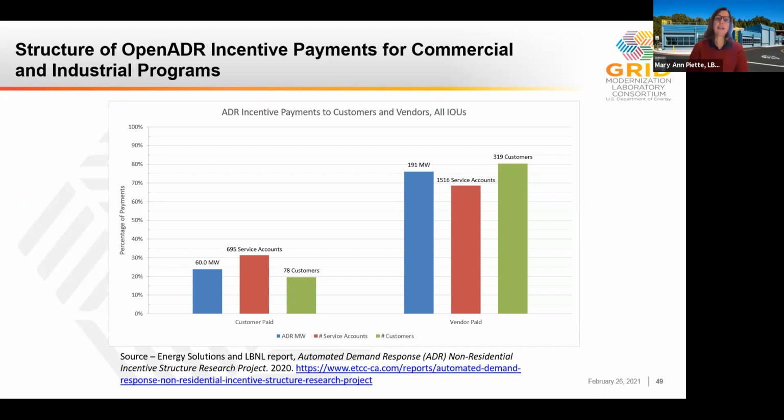And we've been collecting data on how the programs have changed over time. So the report that's listed here, Automated Demand Response Non-Residential Incentive Structure Research Project, took a look at what the trends have been in the payments.